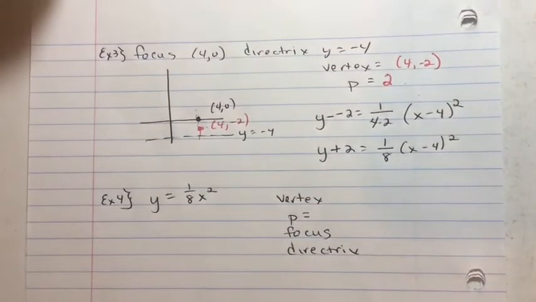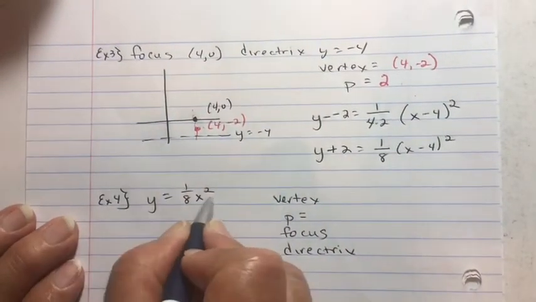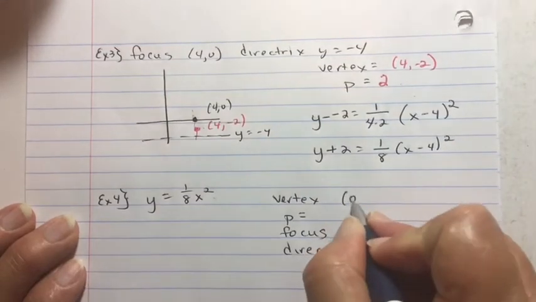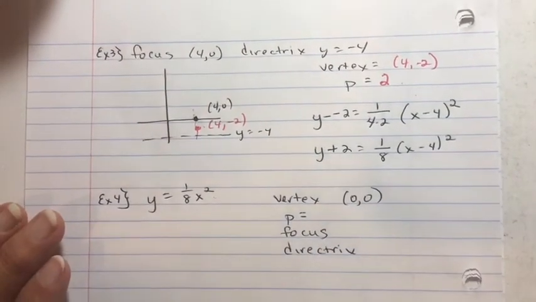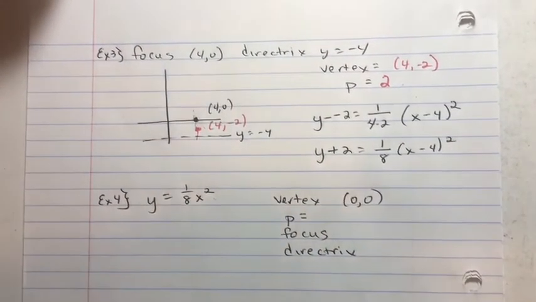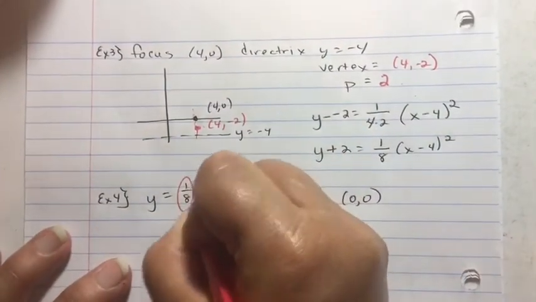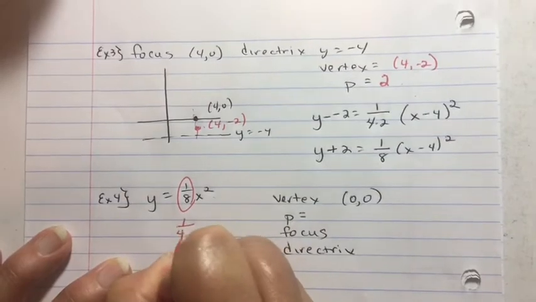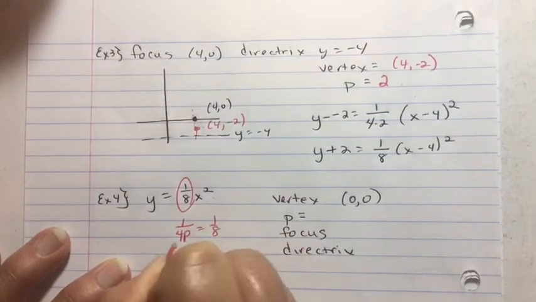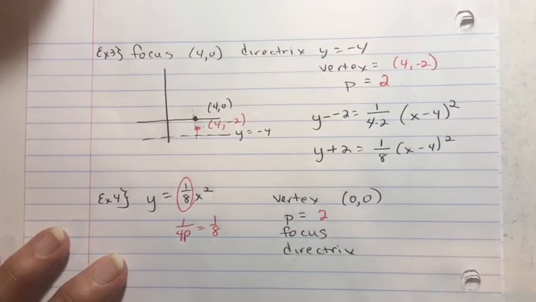Now, the vertex on this one is the origin because you're not adding or subtracting to the x values. This term right here is your 1/4p. So can you see that the p would have to be 2? Yes, you can cross multiply, 4p equals 8, and get the 2 that way.